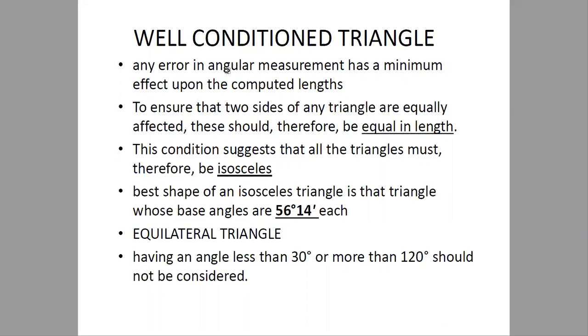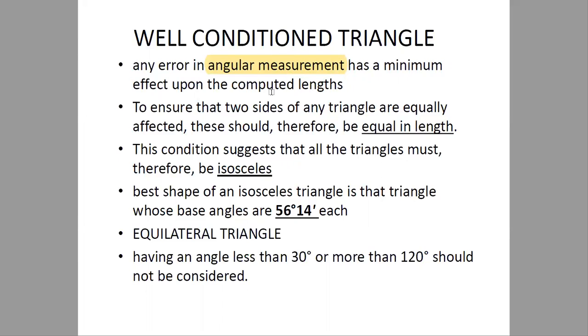So if there is some error in angular measurement, the error in the computed length will be due to this. And this error we have to minimize. Therefore we choose such triangles that lead to minimum error due to the error in angular measurements.